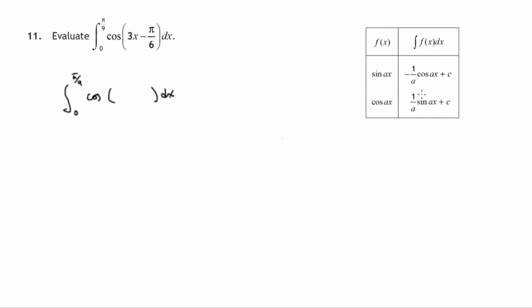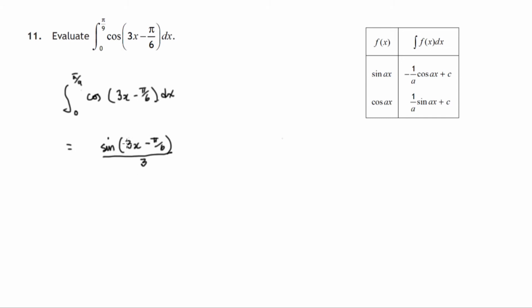Now in the exam, you get given a table of standard integrals, and here we have cosine of ax, and the integral of that is 1 over a sine ax plus c. Now that works in the case of 3x minus pi upon 6. We get sine, not of ax, but of ax with a constant subtracted, and this divide by a, the coefficient of x, still holds.